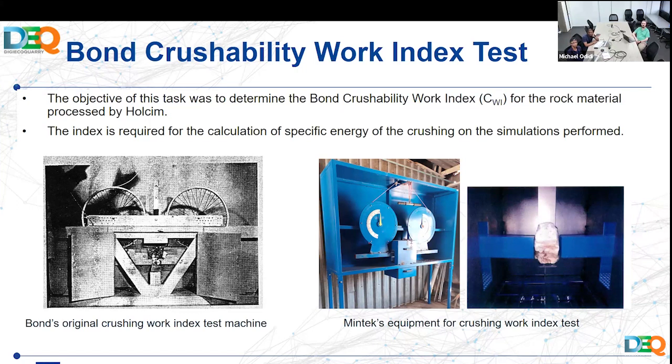So just a brief overview of what the test is all about. I'm sure many of you know this test. The test was developed by Bond back in 1961. Back in the day, it comprised two opposing 30-pound hammers that come together in action by rotating the two wheels on opposite ends, as you see on the left of the screen.